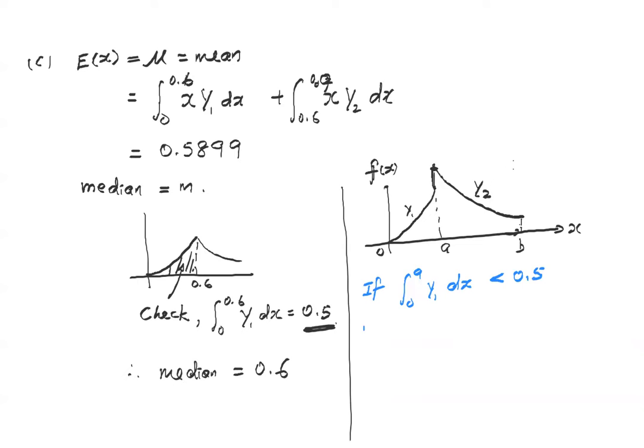So that means the median is between A and B, am I right? Because the area, the probability, is less than 0.5, less than half, correct? So that means my median is somewhere here.